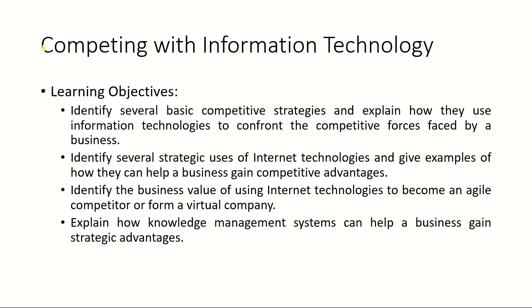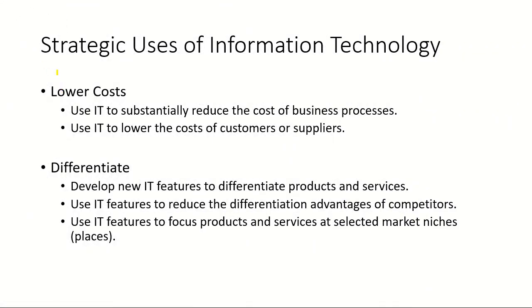And the first topic is competing with information technology. Here are the strategic uses of IT in the company. First one, lowered costs. Companies are using IT to substantially reduce the cost of business processes.